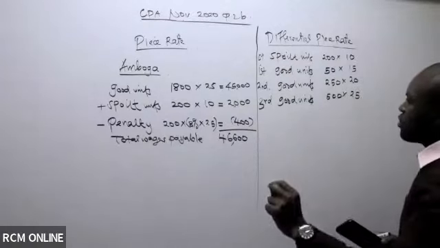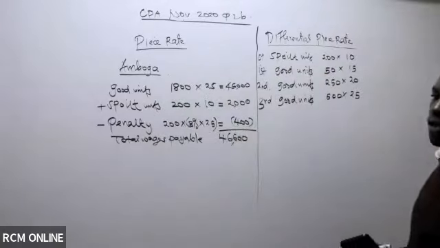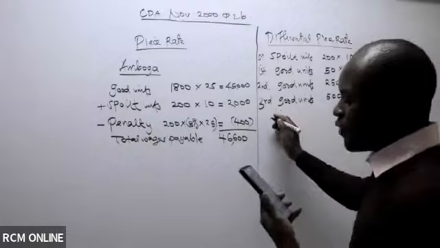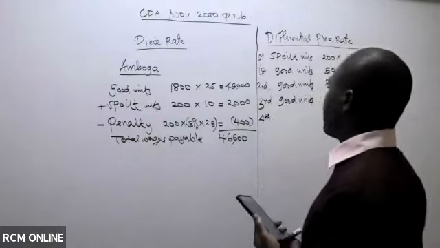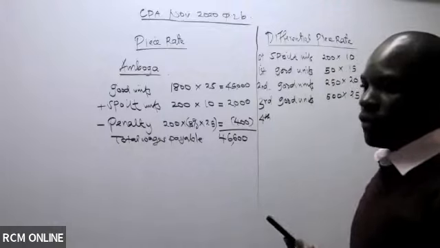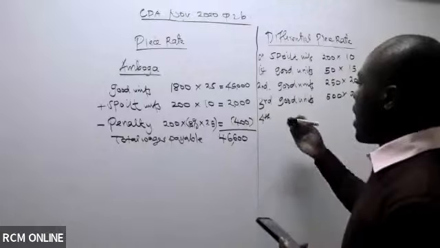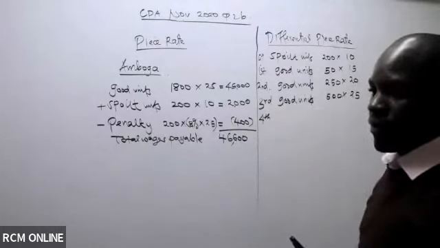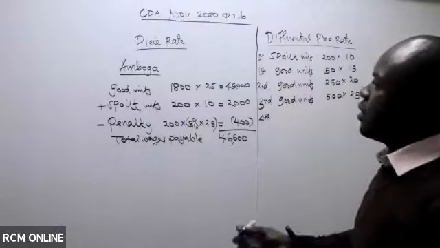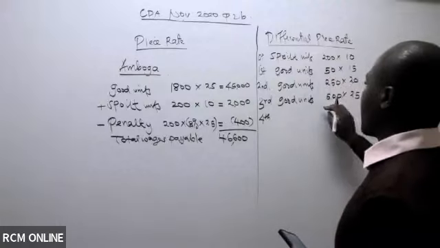What was the total number of goods produced by this person called Amboga? Total number of units. If you have to move to the fourth scale, we are going to consider goods that are above 1,000. So how many units were produced that are above 1,000? He produced 2,000. We've already taken care of the first 1,000 units.